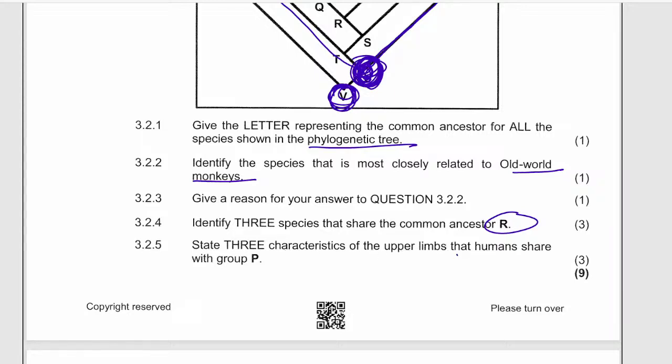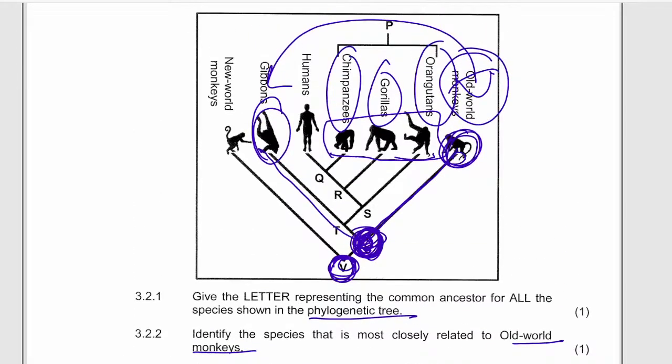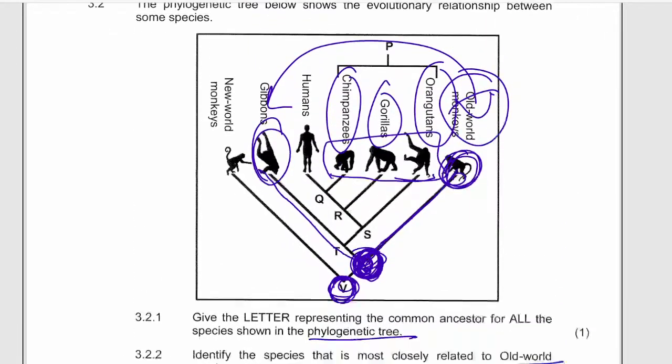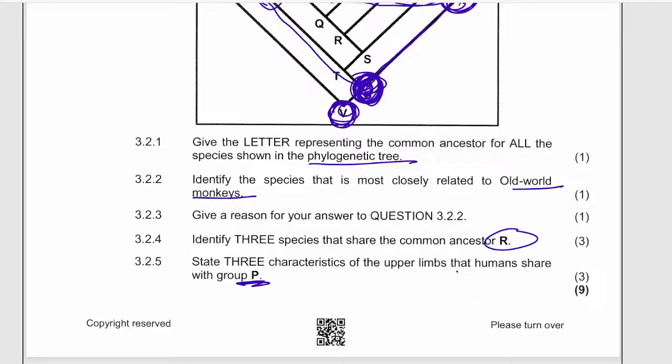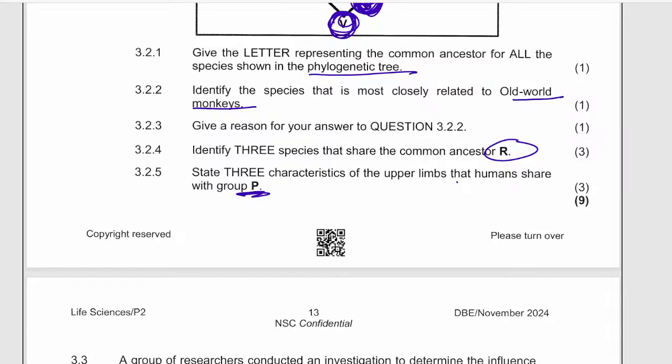State three characteristics of the upper limb that humans share with group P. Group P is this. So upper limb here, guys. You are looking at only the upper limb, meaning the forelimb.